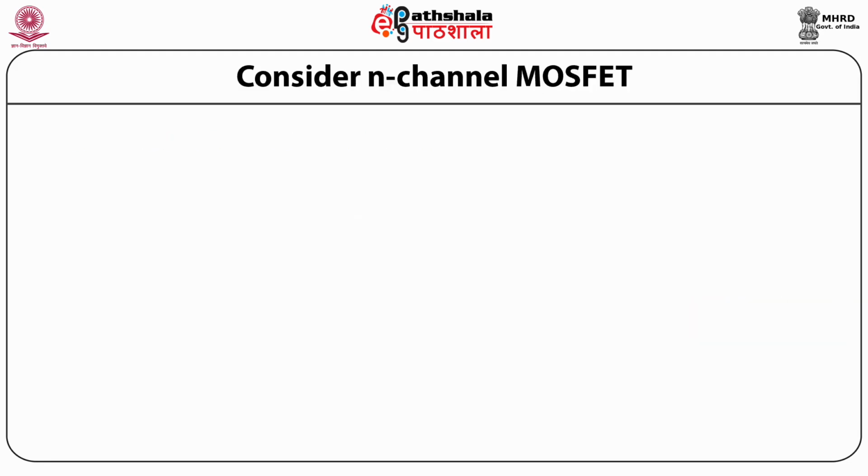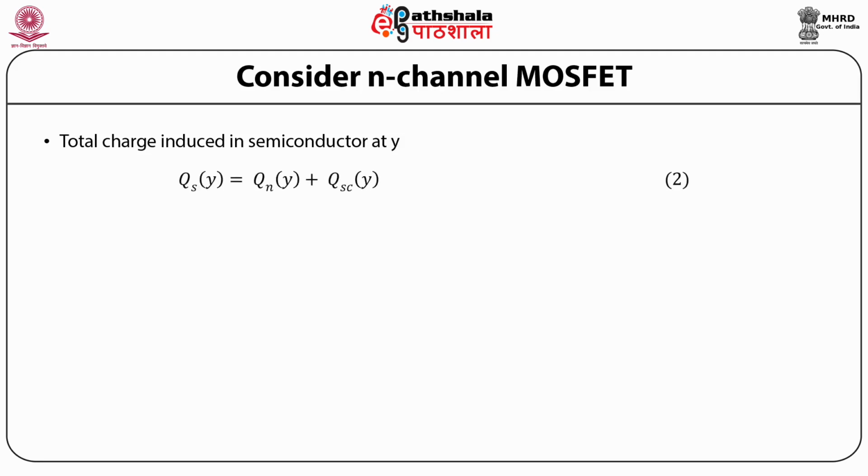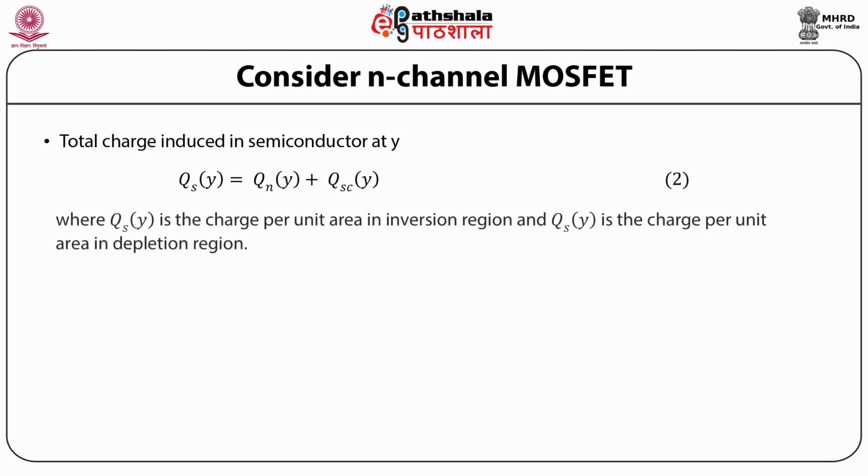Now consider the N-channel MOSFET. The total charge induced in the semiconductor at Y is Qs equal to Qn plus Qsc, where all these are functions of Y, Qn is the charge per unit area in the inversion region, and Qsc is the charge per unit area in the depletion region.